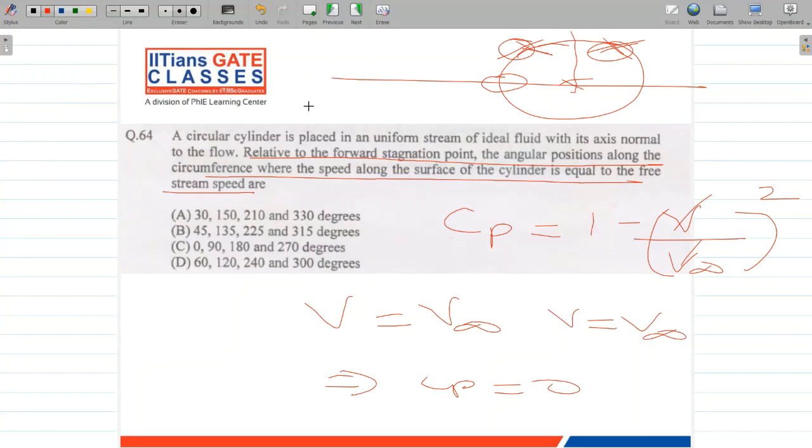So for that, you need to look at the other definition of Cp for right circular cylinder, where I can define Cp as 1 minus 4 sine square theta. And we know that for locations where V equals V infinity, Cp is equal to 0. So that tells me that 1 minus 4 sine square theta is equal to 0.